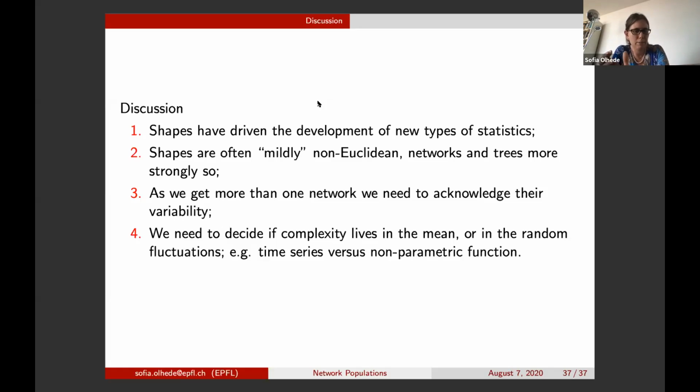That's what inspired us to go away from having one simple parametric model, like a standard network model, like a latent space model, and saying we just get many realizations of it. The problem with that is it doesn't acknowledge that you're having variability between the instantiations of networks.